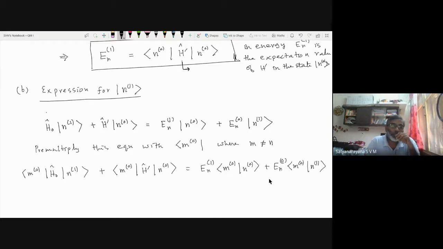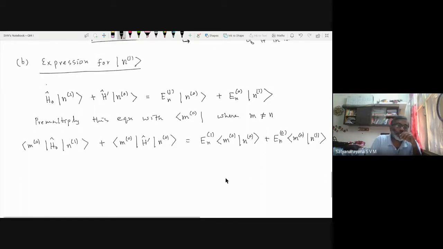So I have put this bra vector m0 everywhere. Now I can use the same logic that h0 is Hermitian, so h0 can act on this m0 to give em0. So this is nothing but em0 into m0 n1, plus m0 h prime n0.